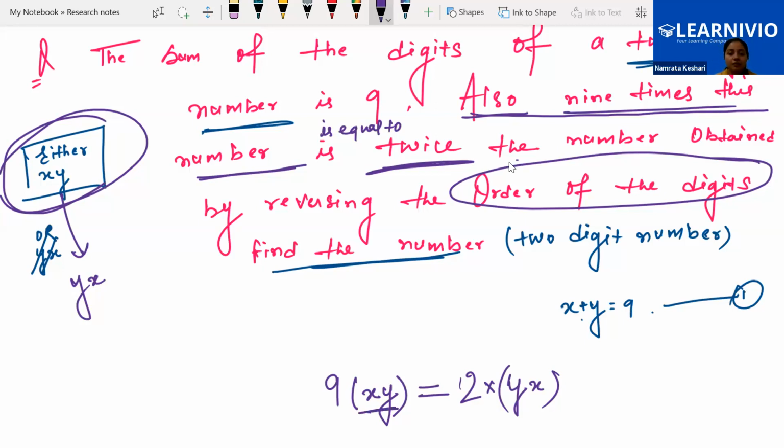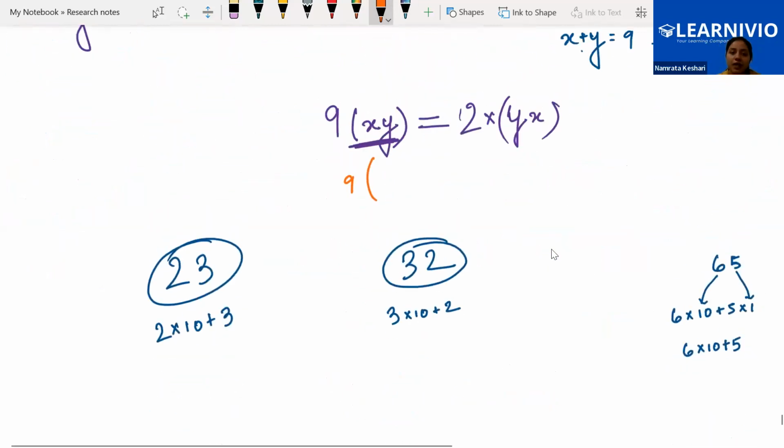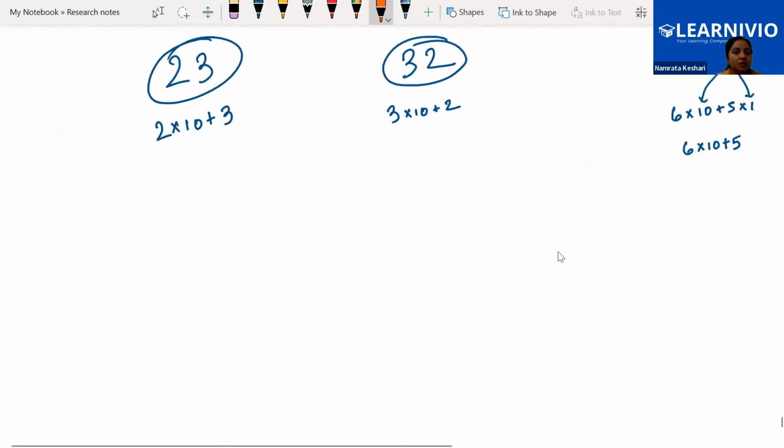Not in the form of multiplication, right, Arya? Yes, ma'am. So here we will get stuck. That's why I was explaining that we can write xy as something. If 32 can be written as 3 into 10 plus 2, and 23 as 2 into 10 plus 3, then xy can be written as, can you tell me?